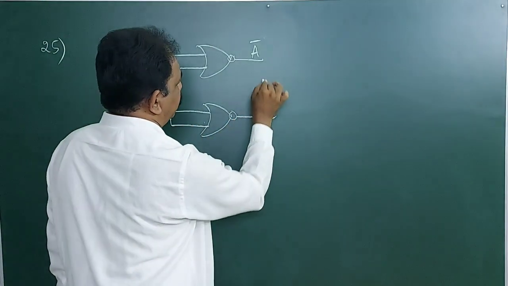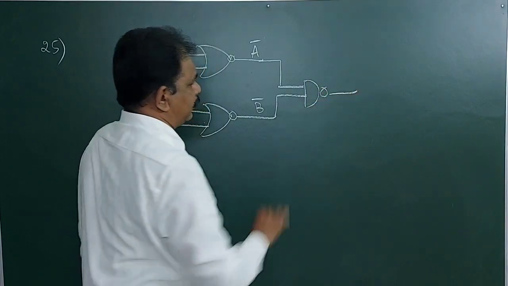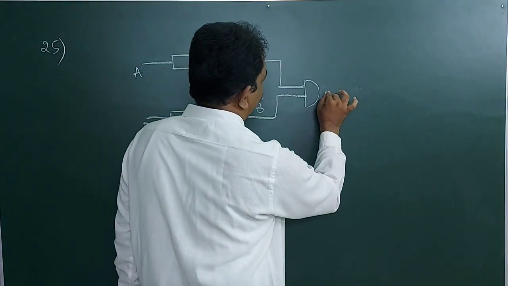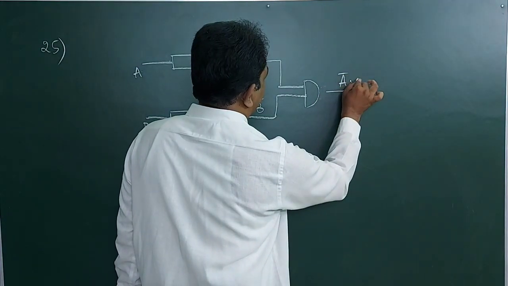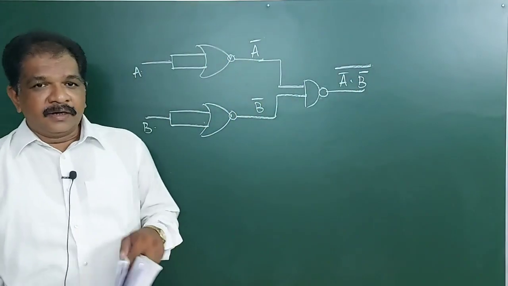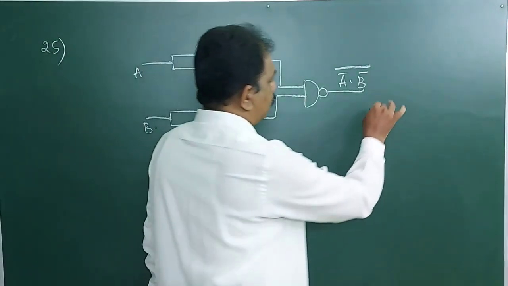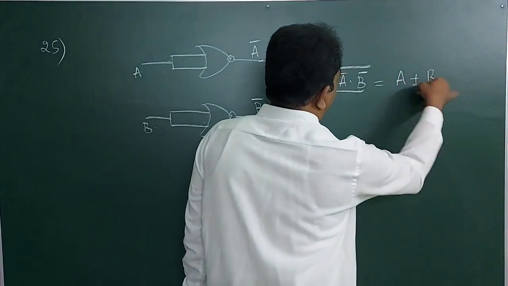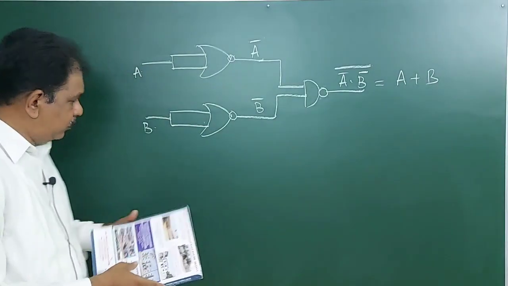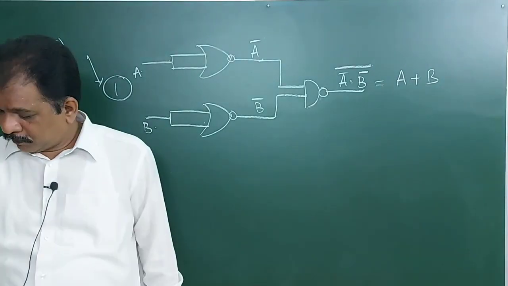It will be B bar. These two are applied to a NAND gate. If it is an AND gate, what will come? A bar dot B bar. NAND gate, so A bar dot B bar whole bar we will get. According to De Morgan's theorem, this value will be A plus B. A plus B will be OR gate. So 25, it will be first option.